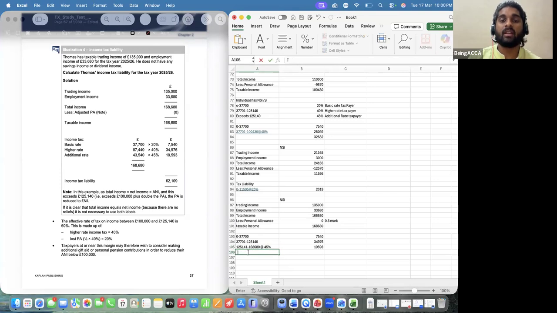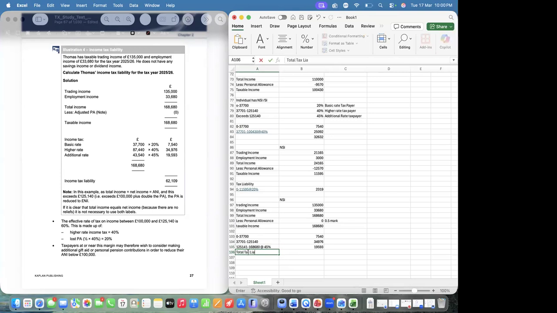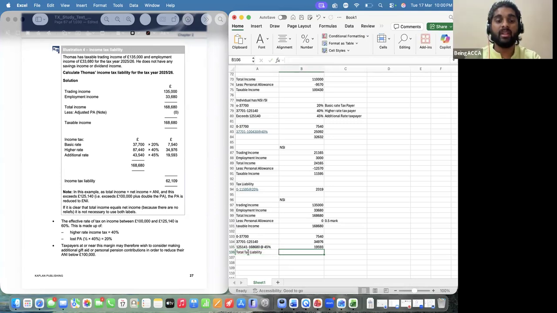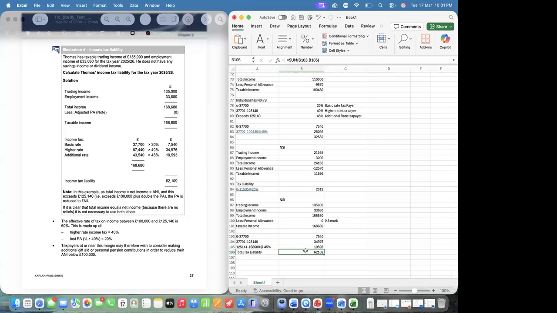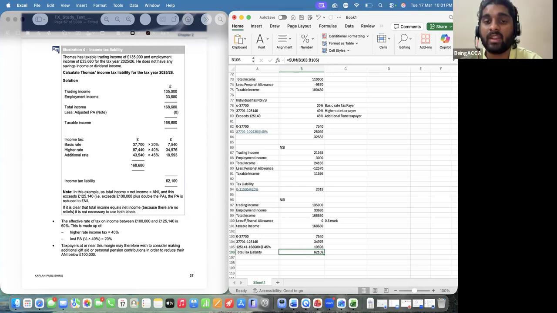So total tax liability would now be equal to the sum of these three, making it a total of 62,109. All right. Yes, sir. So whenever you're solving those, it is very much important to remember about personal allowance.